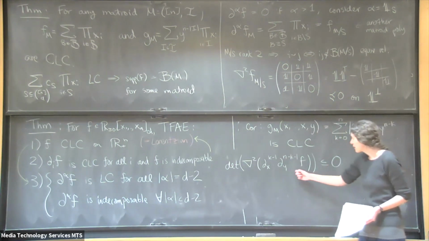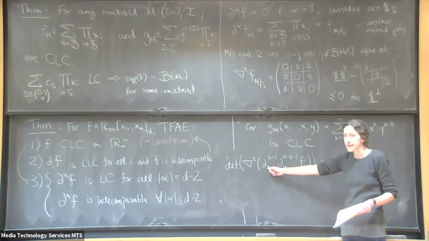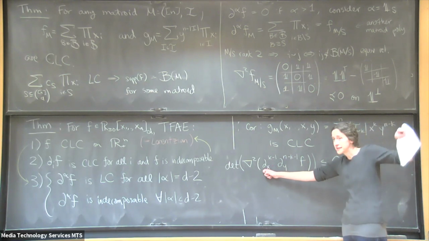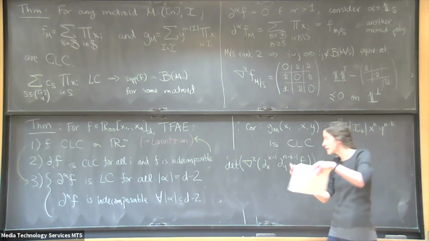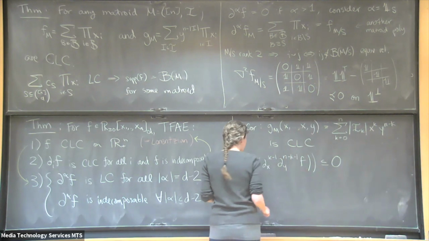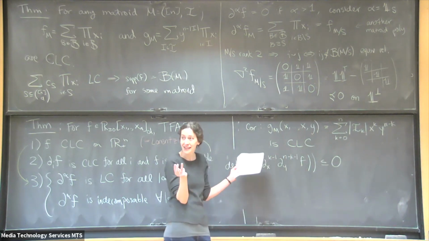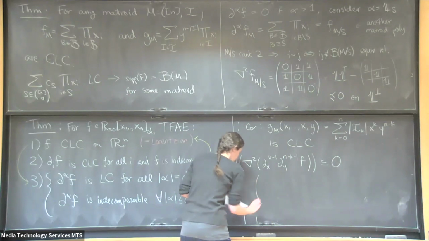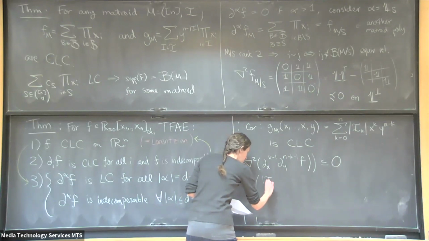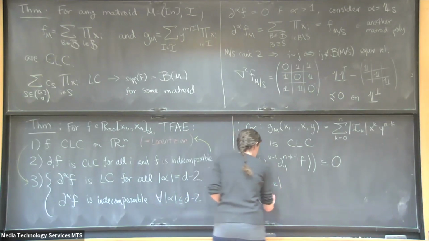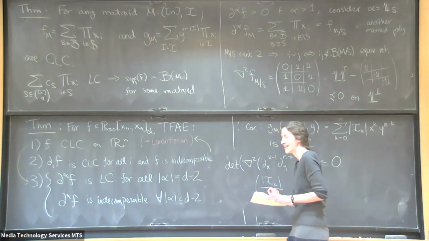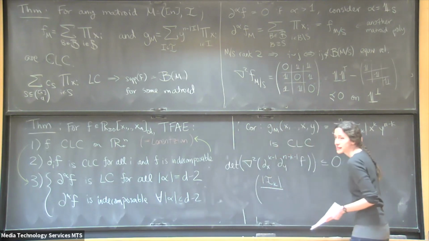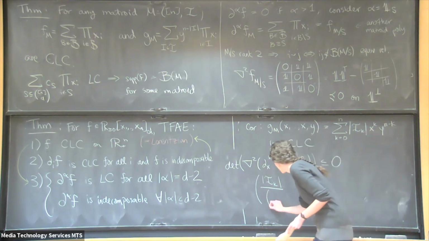And if you actually work out what this does, it takes derivatives from one side and takes derivatives from the other side. And there's only going to be 3 coefficients remaining. And if you actually keep track of what the scalars do, it'll give you Newton's inequalities for this polynomial.